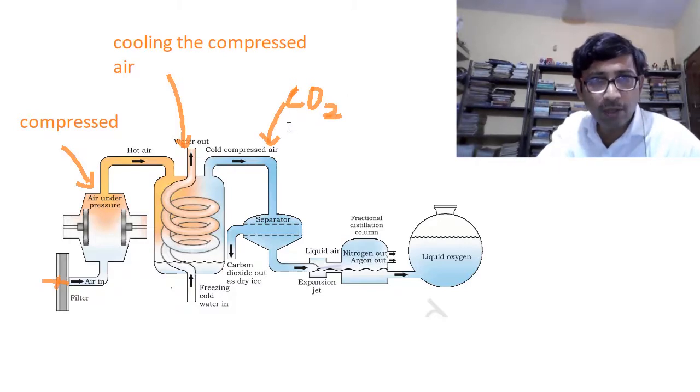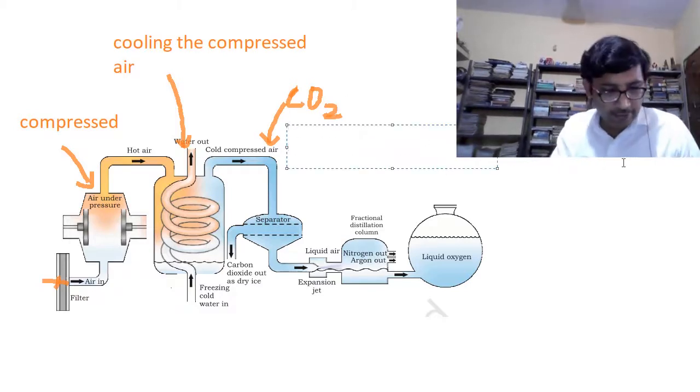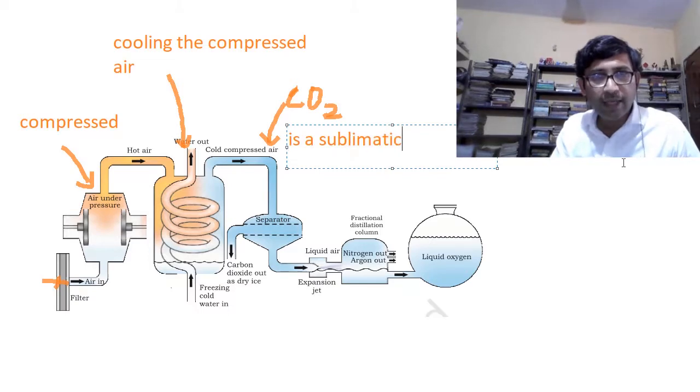So you know already what a sublimatic substance is. A sublimatic substance is a substance that changes directly from solid to gas without going into the liquid state. So carbon dioxide is a sublimatic substance.